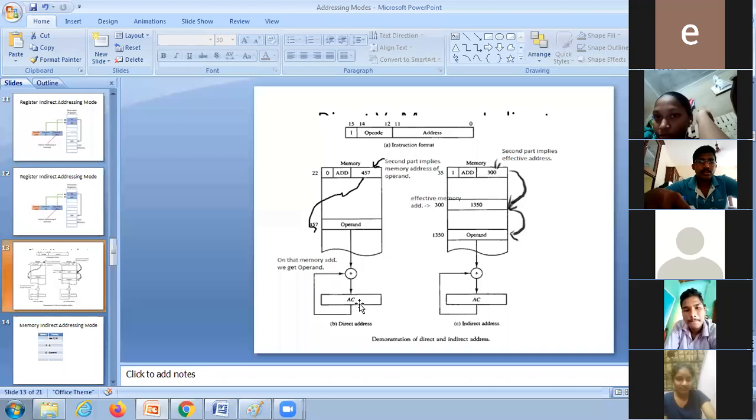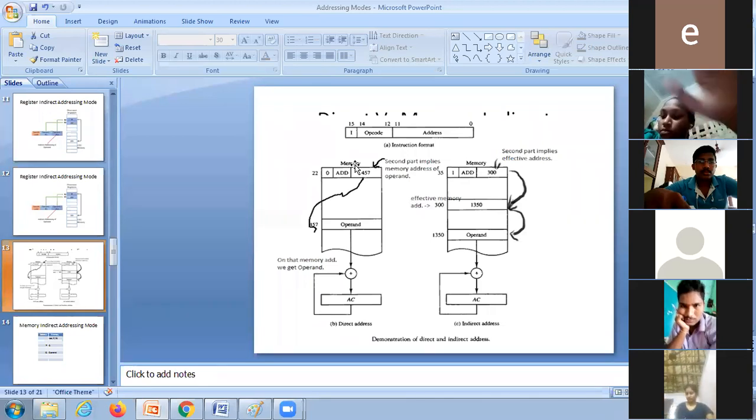Then the result is stored in the accumulator.